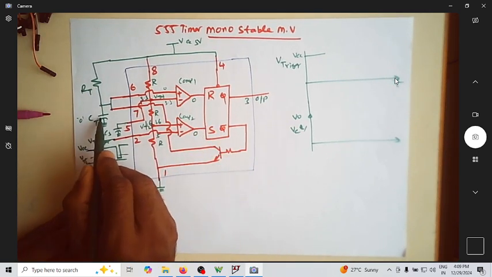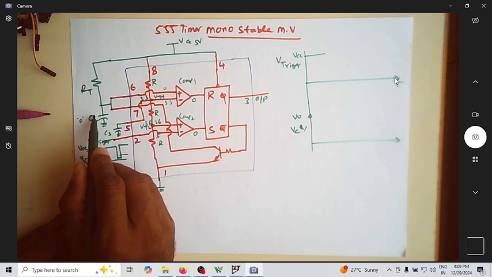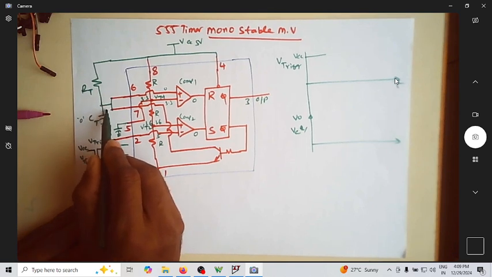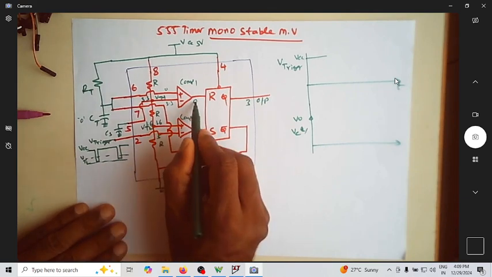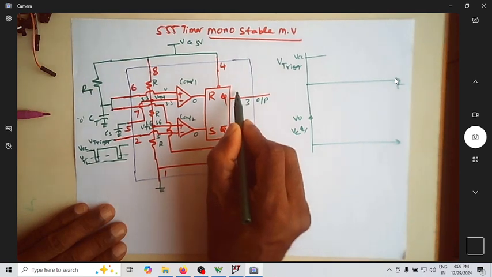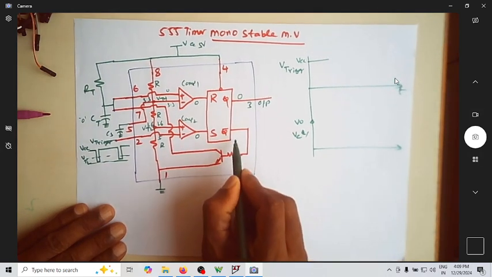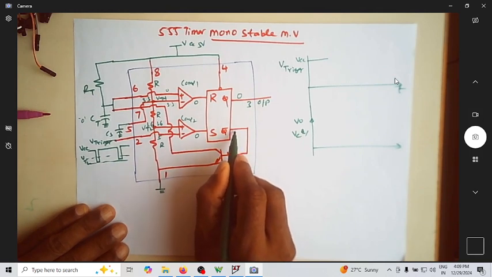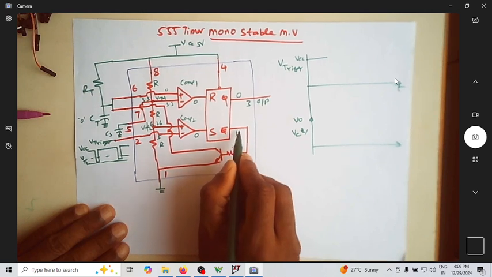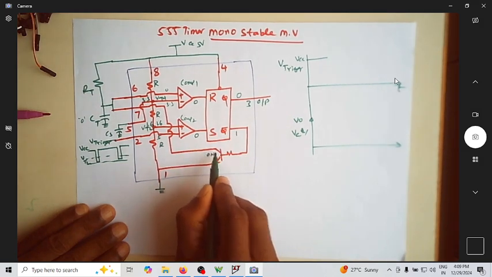So when you are assuming that the capacitor voltage is 0, the capacitor is now discharging through this transistor. Let us assume that the output voltage is 0. Of course, this Q bar is 1. So when Q bar is 1, this transistor is on.